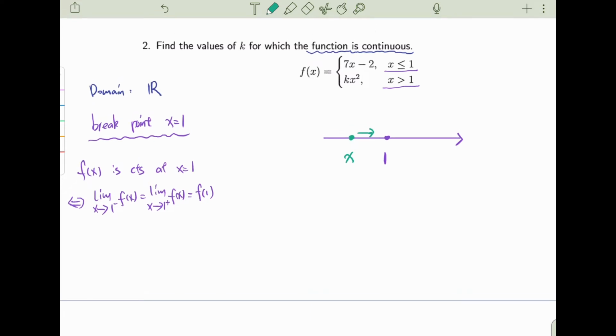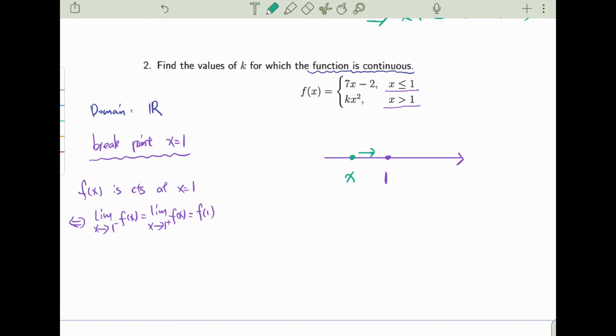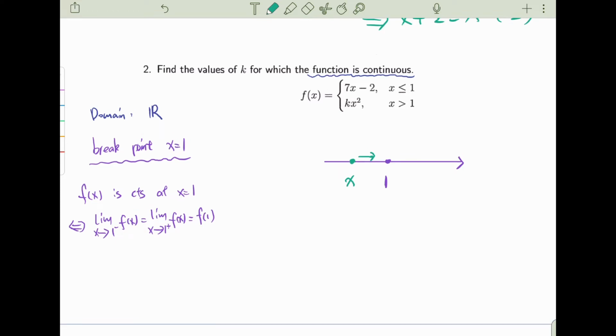So you see that when you choose this point from the left side, the x is less than 1. Okay, when x is less than 1, how can we evaluate the value of the function? Well, according to the formula, when x is less than 1, you need to choose this expression.